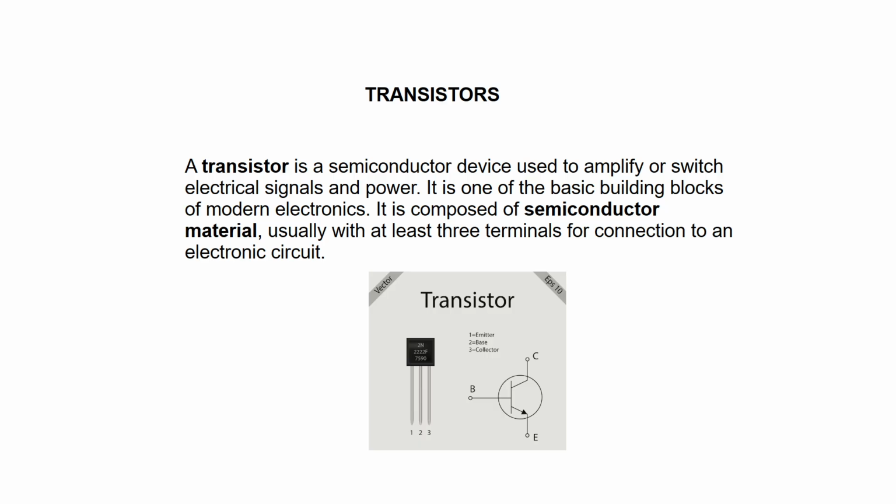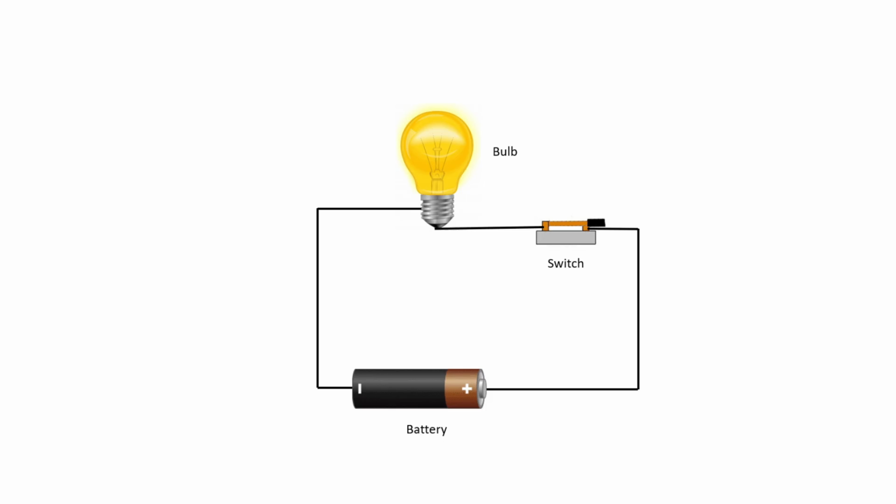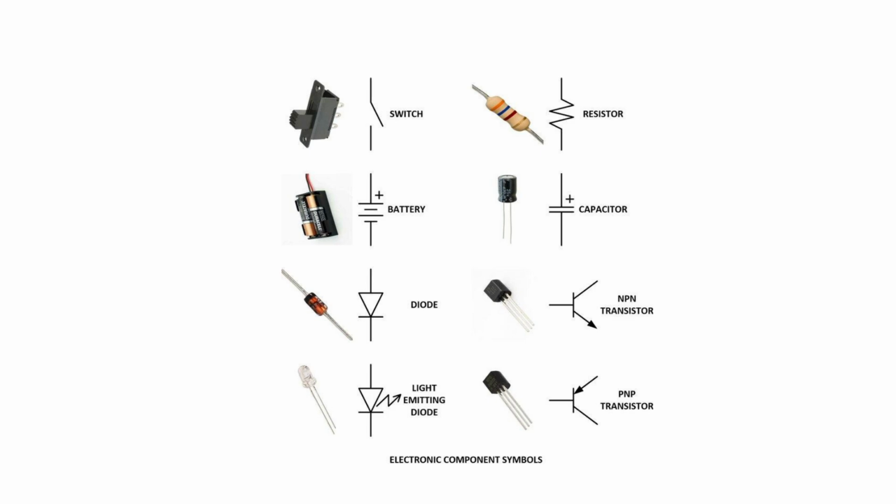But remember, in our previous class, we had this circuit, and we also studied components, and we touched on some of these components. So a transistor is this 3-pin component that we're talking about.